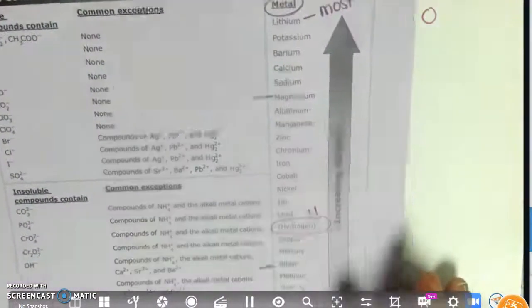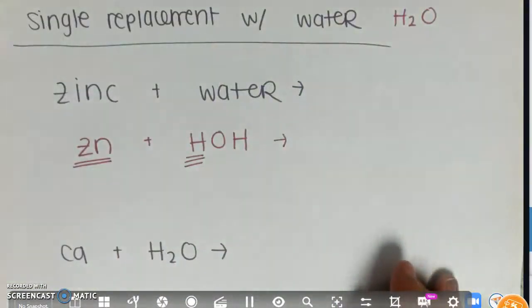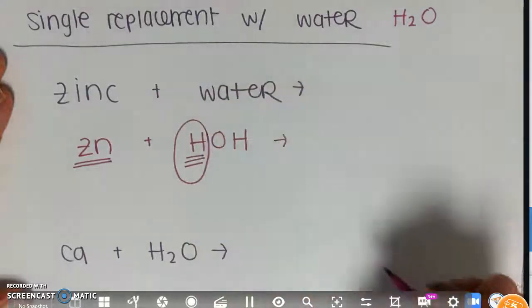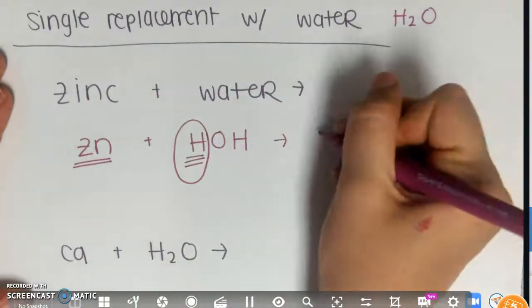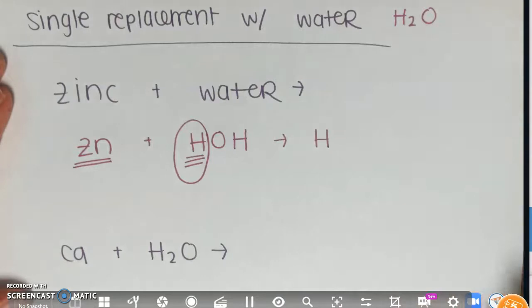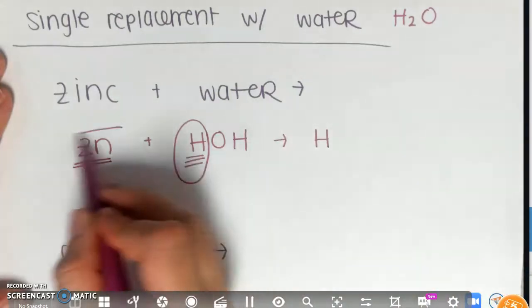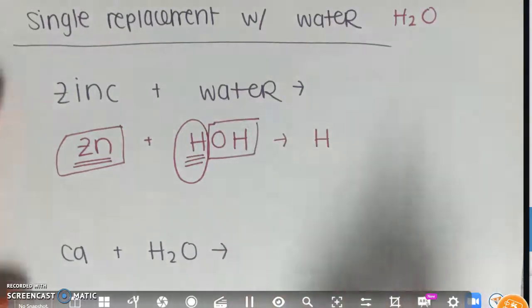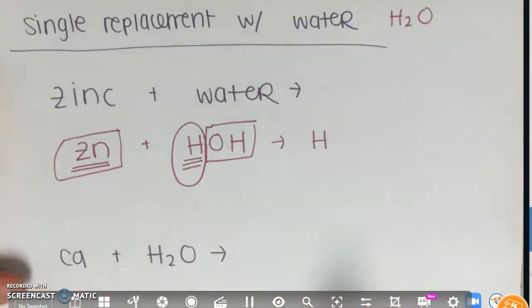And so check your list. Is zinc higher than hydrogen? Yes, it is. So this reaction happens. Now zinc takes the place of just this H. So that H is by itself. And then we have partnered together now zinc and the OH. Those get put together.